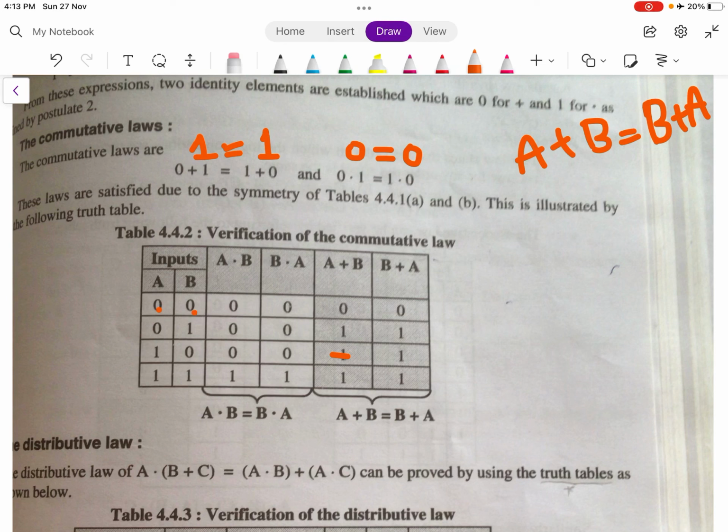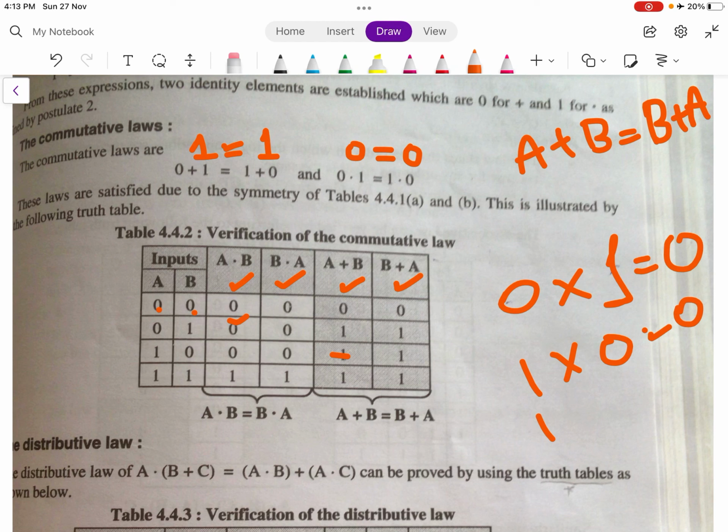So if the input is 0, 0, then A into B is 0, B into A is also 0, A plus B is 0, B plus A is 0. For 0 and 1: 0 into 1 is 0, 1 into 0 is 0, 1 plus 0 is 1, and 0 plus 1 is 1.